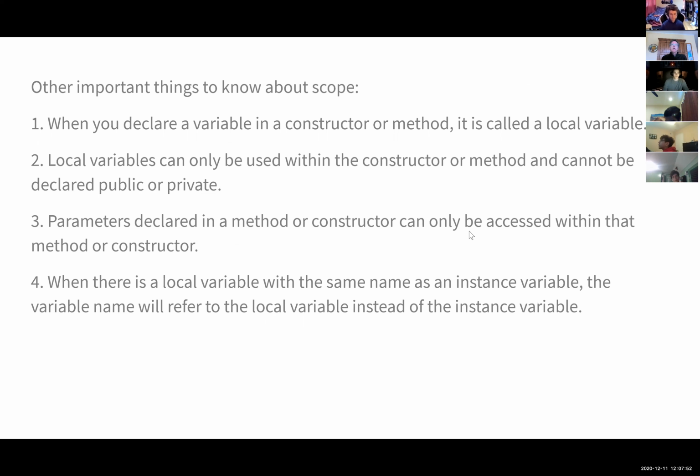So some other big things about scope, and I'm going to give you an example for each of these. Fear not that I'm throwing 4 things at you, but I'm going to read them off here. When you declare a variable in a constructor or a method, it's called a local variable. Local variables can only be used within that constructor or method. They can't be declared public or private.